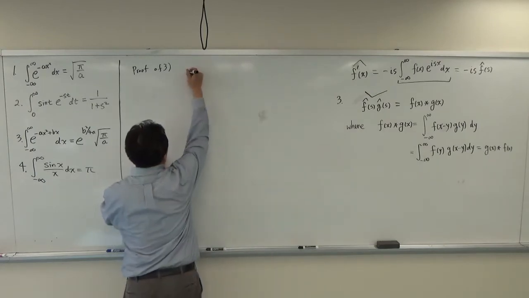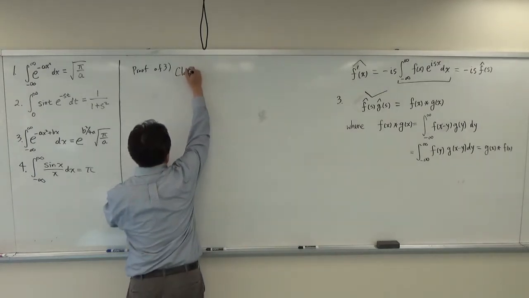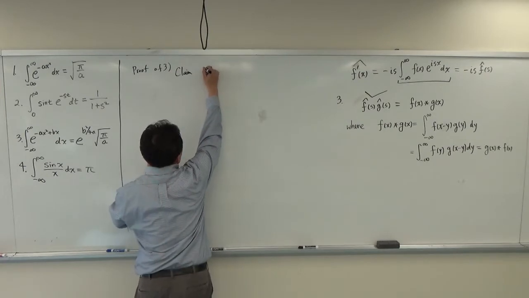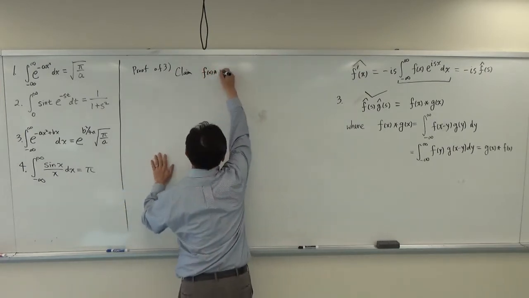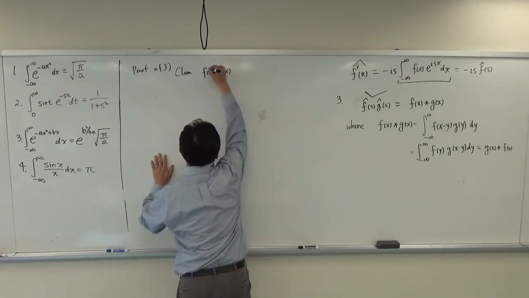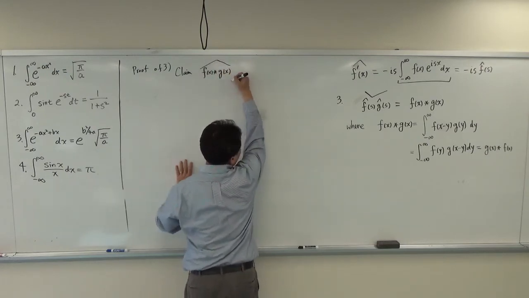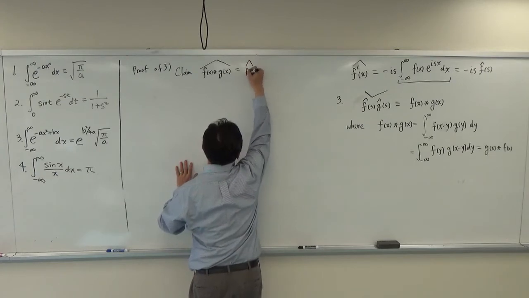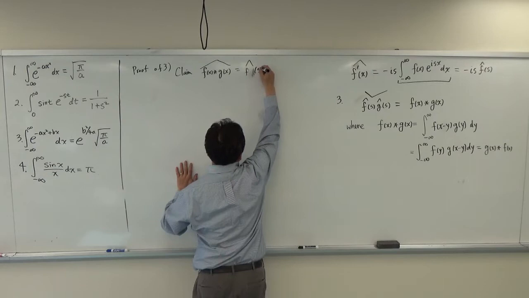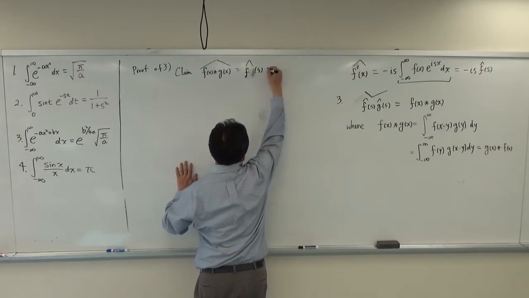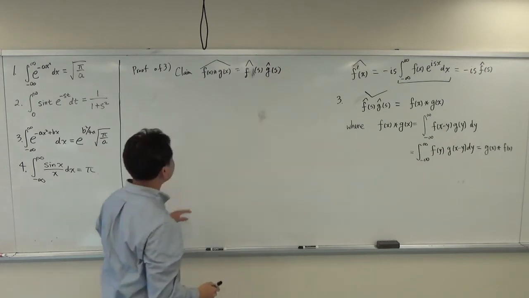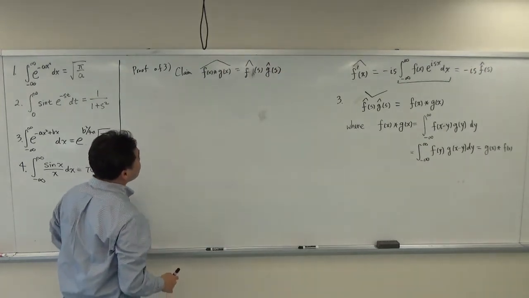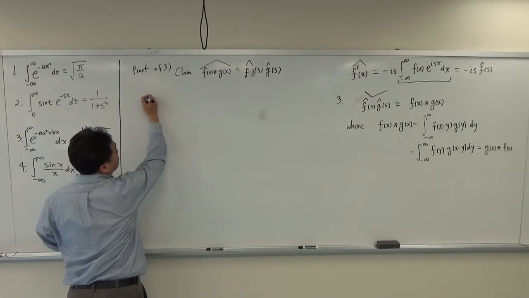Claim: if you have f(x) convolved with g(x), its Fourier transform is the same thing as the Fourier transform of f times the Fourier transform of g. So let's try to show this.